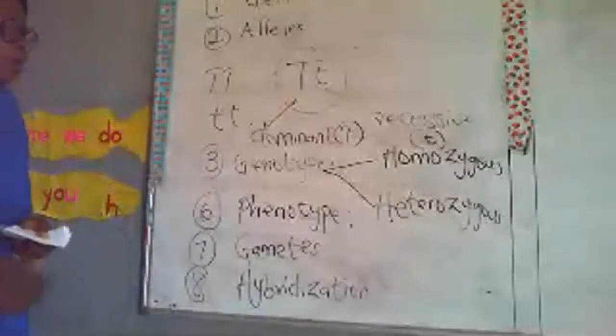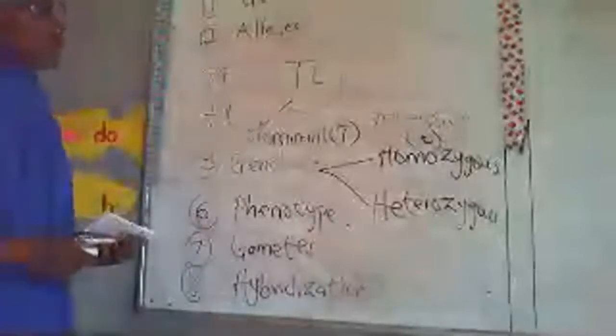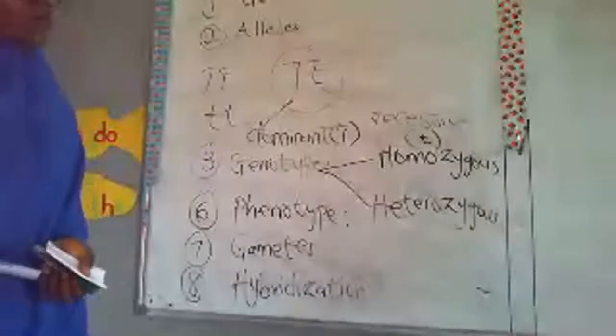So we have what we call hybrids. The hybrid is a progeny or offspring that is gotten from the crossing of two parents of unlike traits or character.